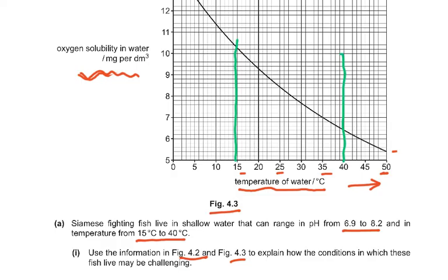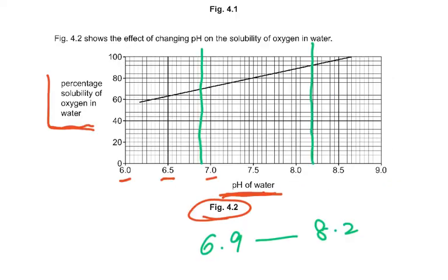Now let's look at it. How can we answer this question? First of all, you are going to plot it on the graph. Here we have 15 degrees to 40 degrees, and I have drawn these green lines. You can see that at 40 degrees Celsius, the oxygen solubility is very low, so there's going to be less oxygen available for the fish. Let's look at the pH graph.